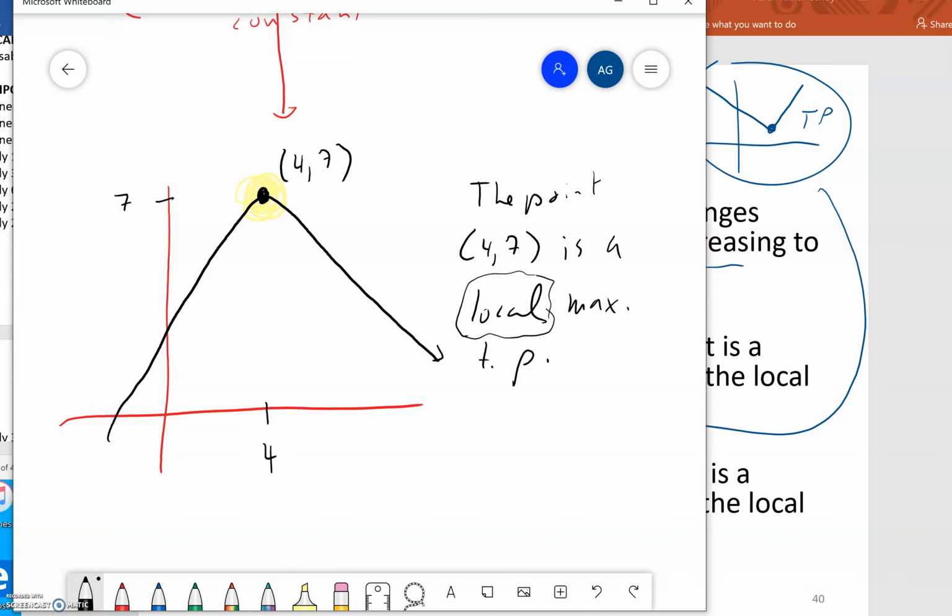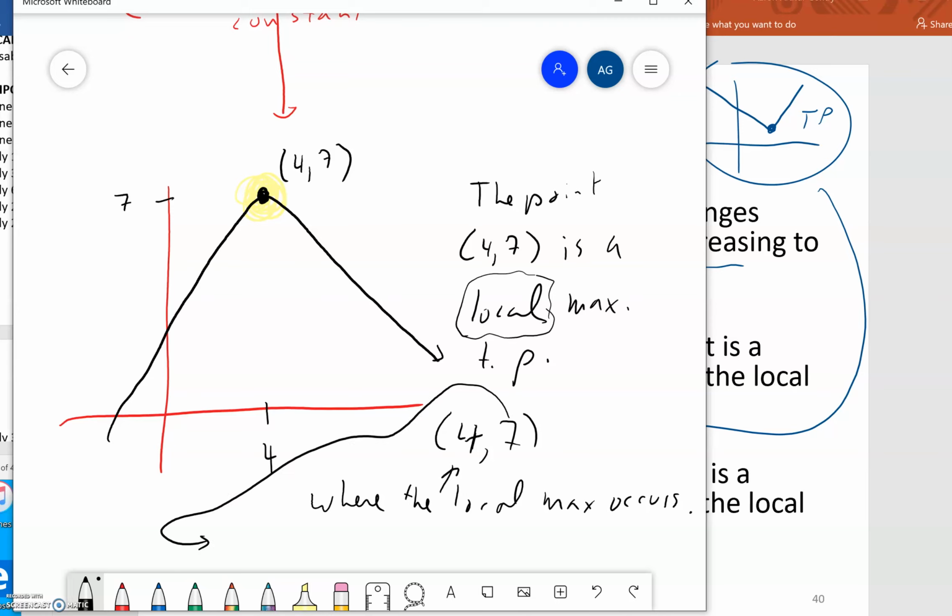Another thing to consider about this is that 4, 7 has an x-coordinate and a y-coordinate, right? The x-coordinate of 4 is where the local max occurs, and 7 is the local max value.